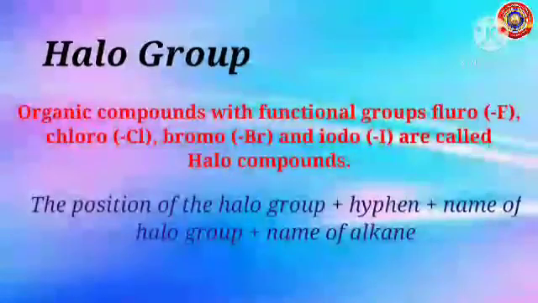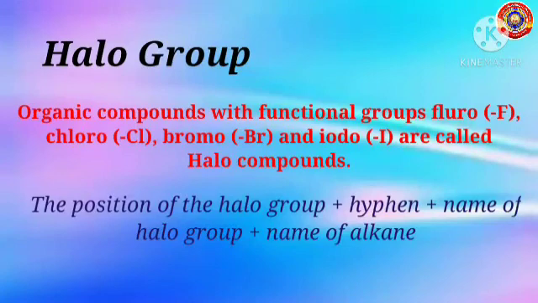Next is the halo group. Organic compounds with the functional groups fluoro, chloro, bromo and iodo are called halo compounds. The method of giving IUPAC names to the compound is given as the position of the halo group plus hyphen plus name of halo group plus name of alkane.